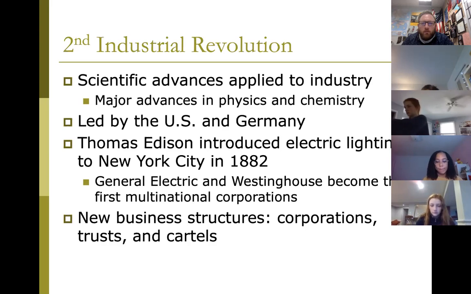That's why it leads to unions and all that type of stuff, which we'll talk about, and changes in the government. But corporations and trusts are a huge thing to this day.